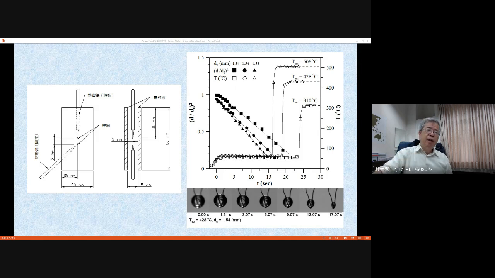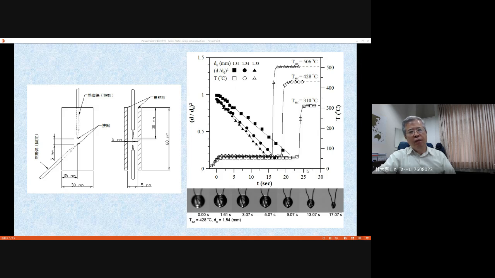Comparing these three lines, the droplets have similar sizes but are in different hot environments. When the temperature in the hot environment is low, you can extend the d square law line finally to this point, which means the droplet size diminishes and disappears.